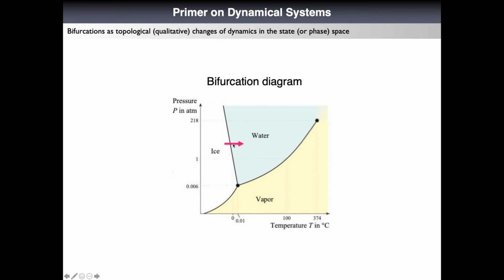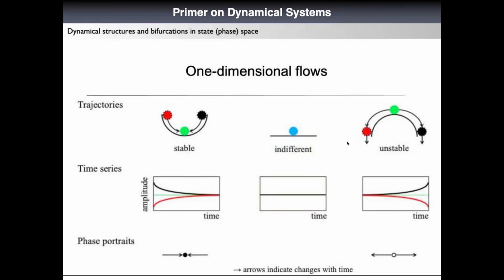It comes from the phenomenon of changing the phase of water from ice to vapor to liquid water when we change parameters like temperature and pressure. So it's a similar situation here, and historically it has evolved to call the state space also phase space.